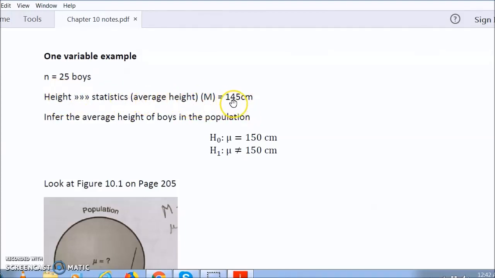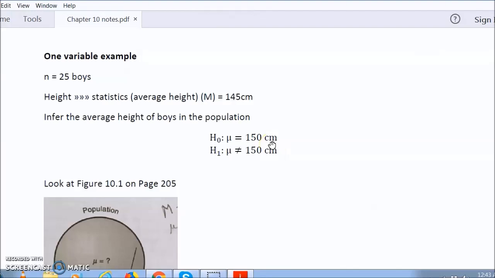The average height is 145 centimeters. That means there are some high, some low, and all those things. But you want to infer, you want to say that mu is equal to 150 centimeters. That means you are hypothesizing; the null hypothesis is equal to 150 centimeters.